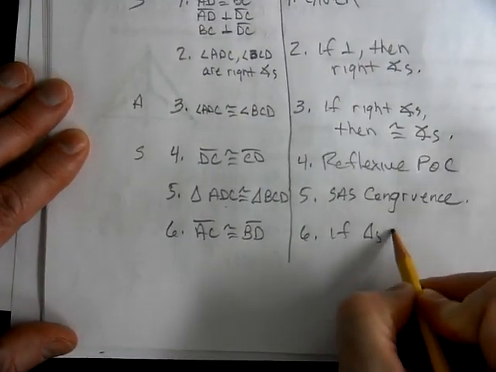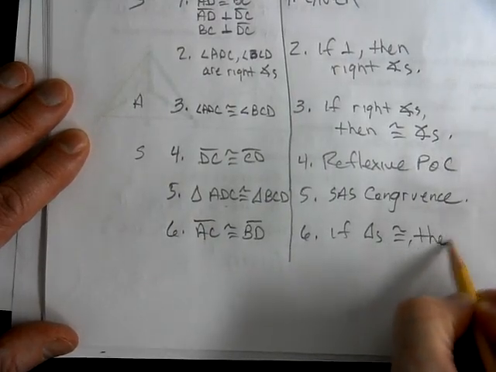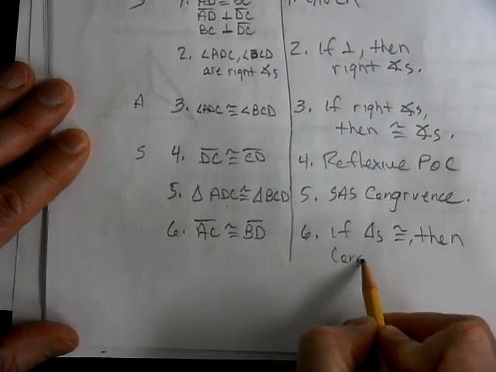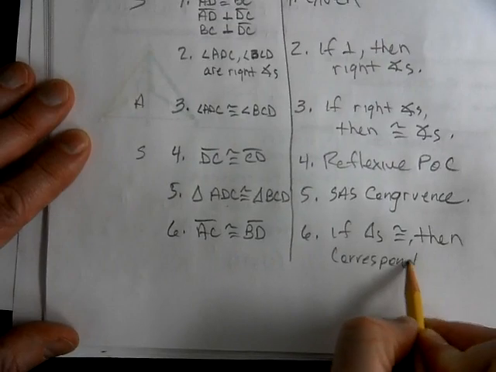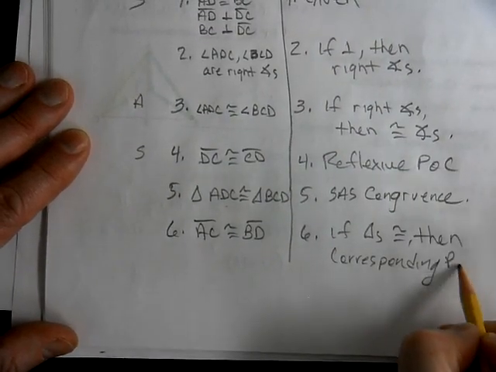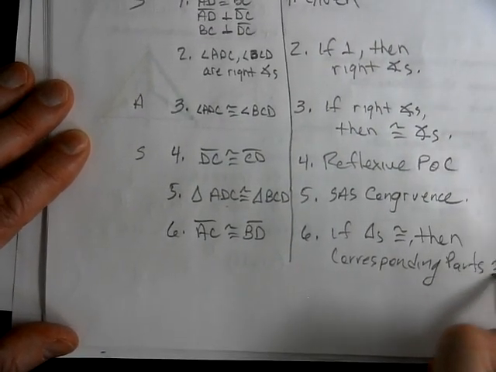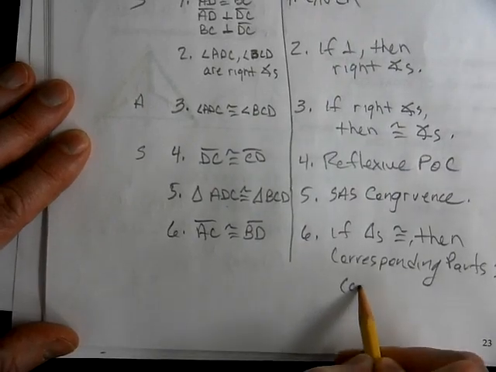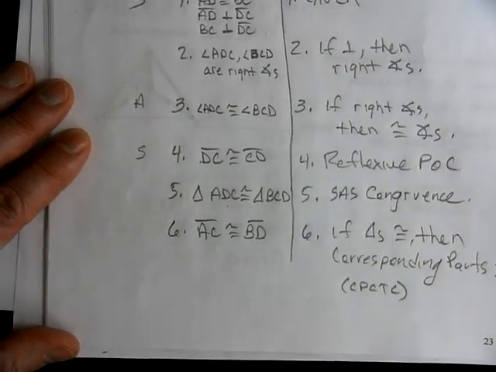If triangles are congruent, then corresponding parts are congruent. Or you can abbreviate that CPCTC.